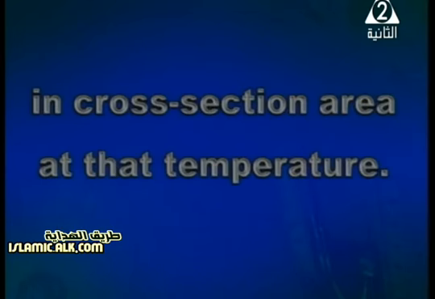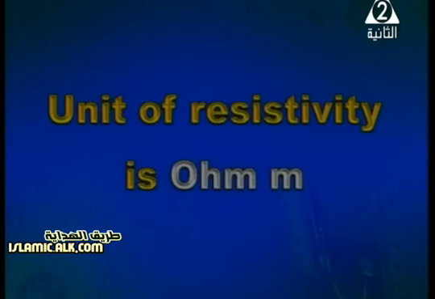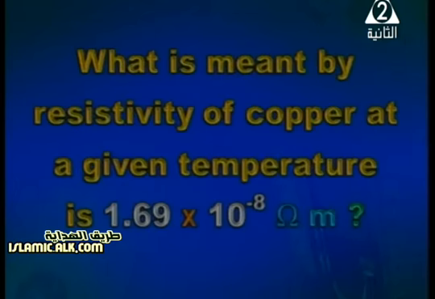It means the resistance of a copper wire, 1 meter in length and 1 meter squared in cross-sectional area at that temperature is equal to 1.69 times 10 to the power of negative 8 ohm.